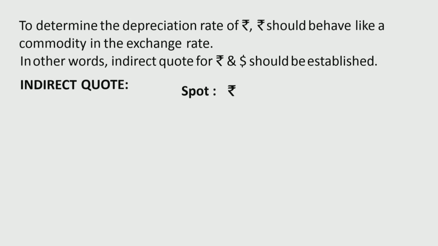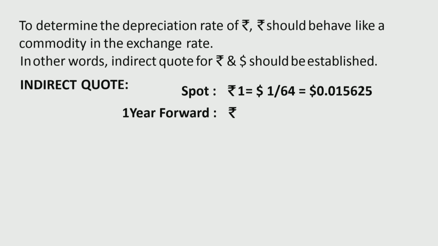Spot rate was given as $1 equals 64. So spot rate of rupee will be $1 by 64, that is $0.015625, and 1 year forward rate would be inverse of 68, that will be $0.014706.